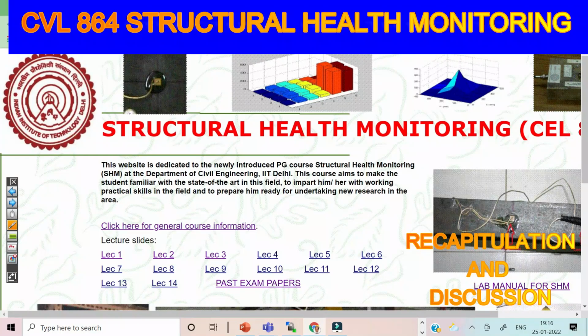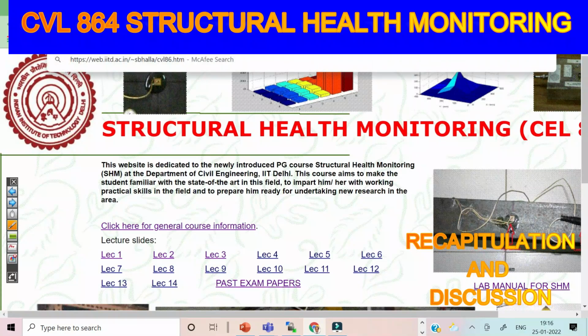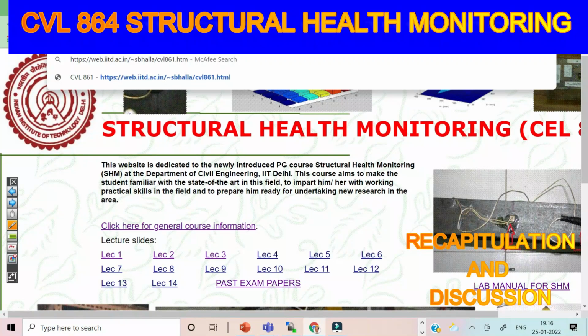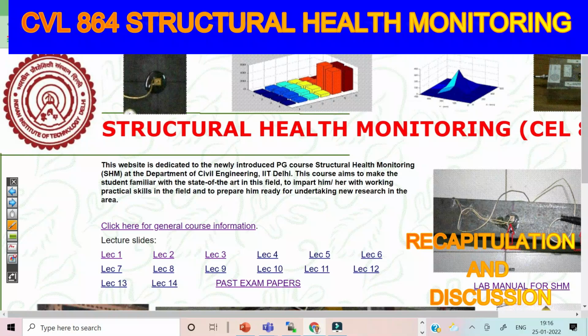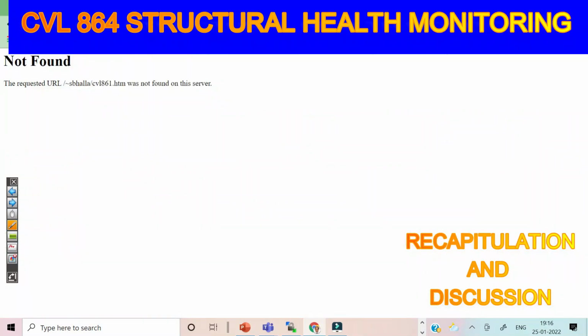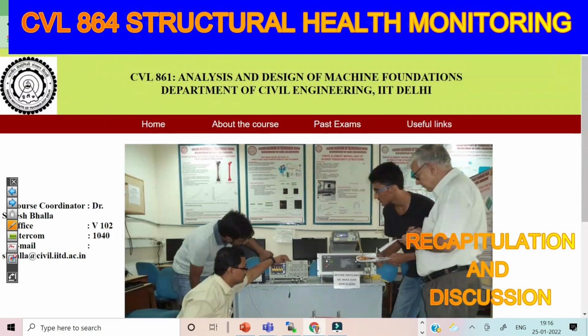Go to useful links, and the format for the lab report will be there. It is for the full report, but right now I have only asked you to write the abstract part. For the first experiment you only have to write the abstract, nothing more than that.